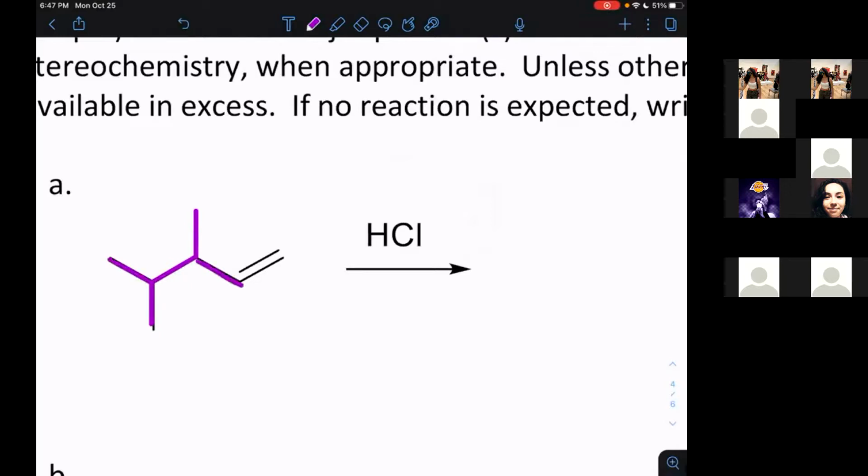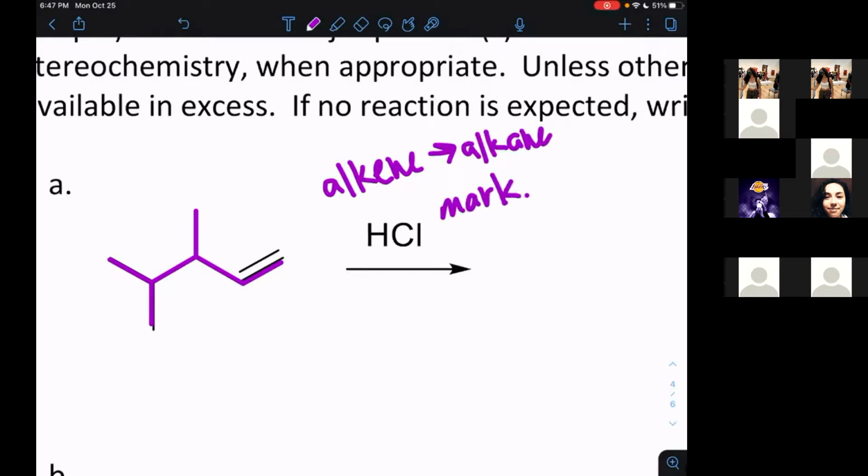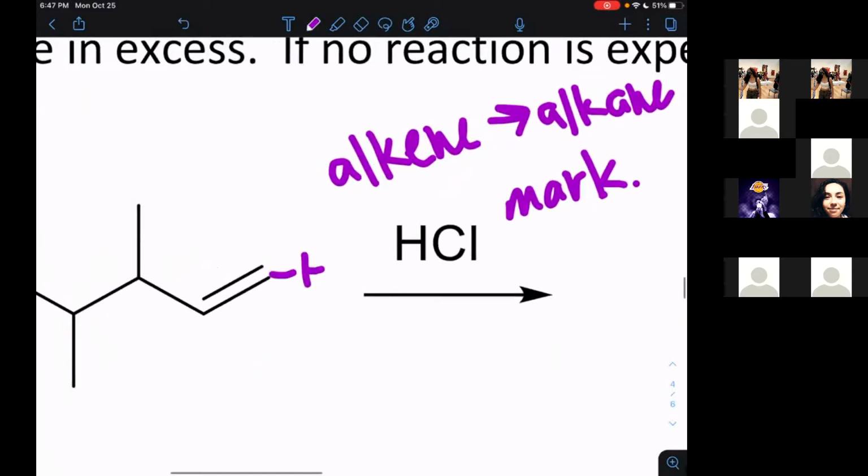Okay. So this one's just an alkene to alkane. And then it's a Markovnikov addition kind of thing. So the hydrogen will add to, here, wait, I'll just write it over on this side. So the hydrogen will add to this side.